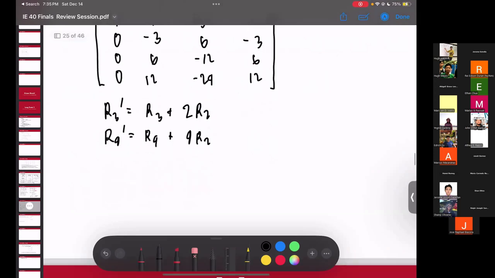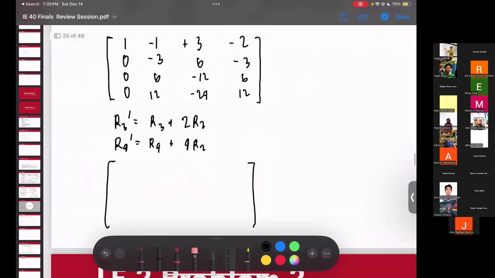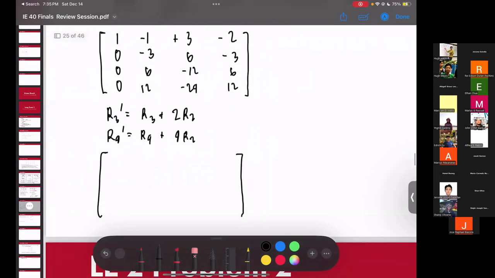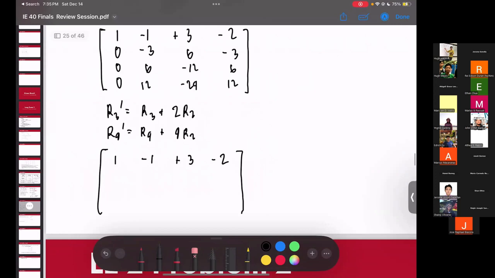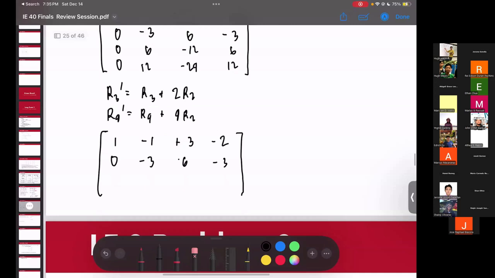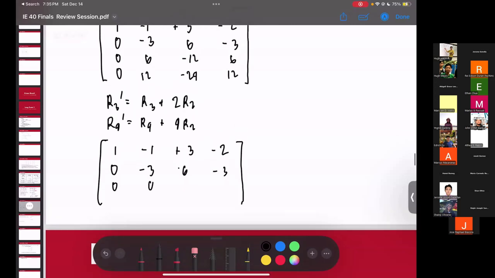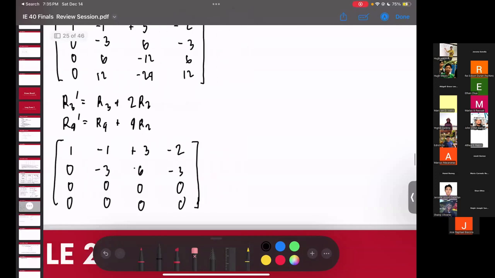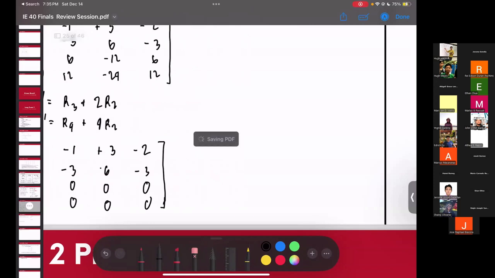When we perform that, this retains kasi it's the same. We didn't do any row operations there. This becomes 0, negative 3, same lang din because no row operations. Yung sa baba becomes 0 completely, and same with the last row. Just for easier solving down the line.